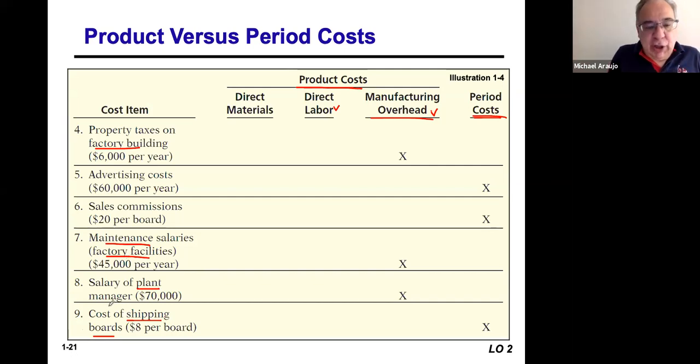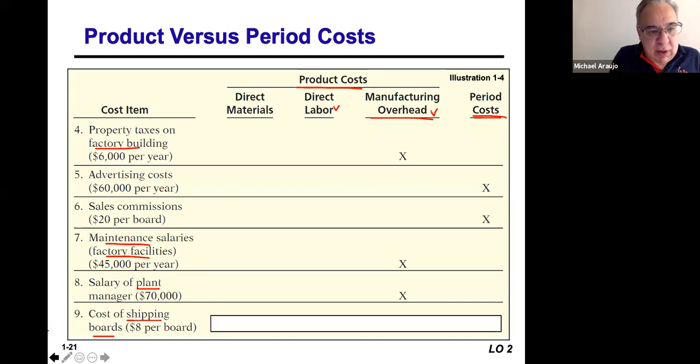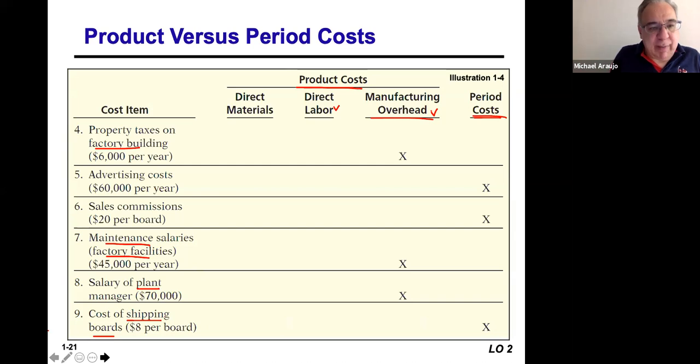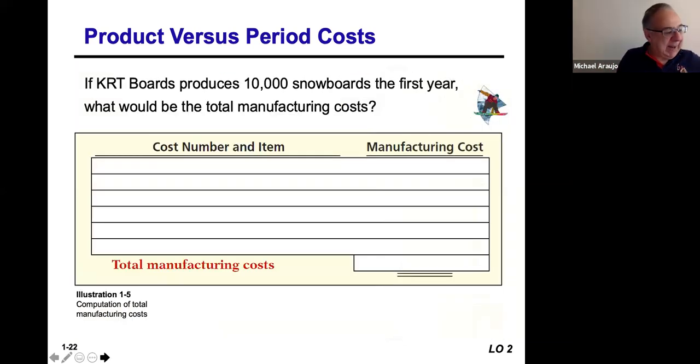Okay. So I need you to remember this list of 9 things, those 9 costs, because it's going to make following this illustration a lot easier.